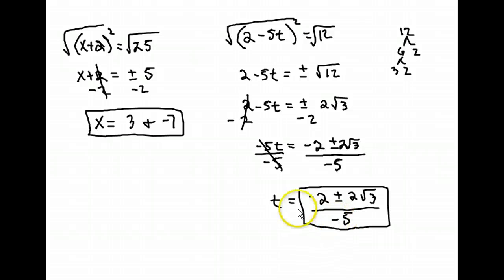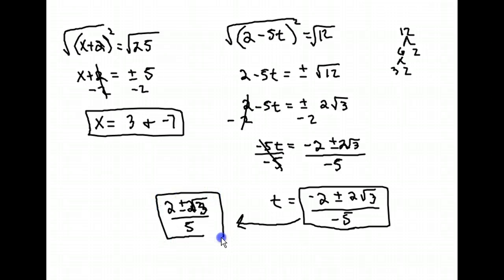It can be left that way, or if you take the negative sign off of the denominator, it's going to go straight through the numerator. It's going to give you a positive 2 plus or minus 2 square root of 3 divided by positive 5. Either way.